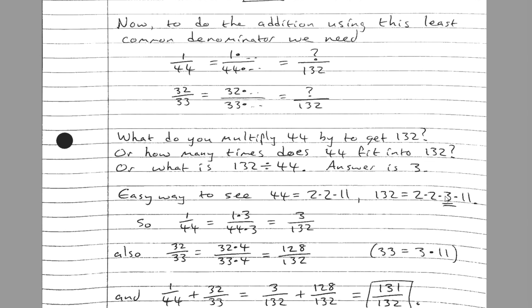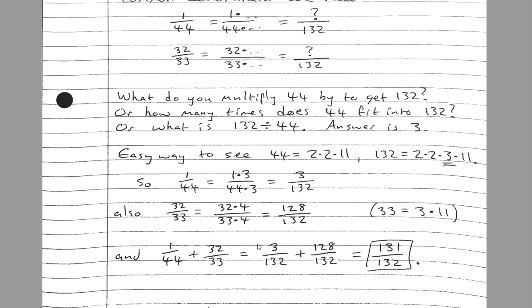Well, multiply 33 by 4, you get 132. So we need 4s here. So this is 3 over 132. This is, 32 times 4 is 128.